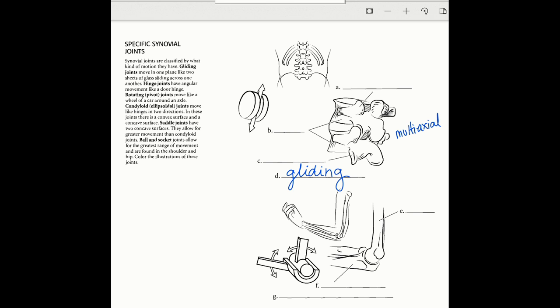Our specific example here is at the spine, where we have our superior articular facet, or process. Below the superior articular process, we're going to have our inferior articular process, and the body of our vertebrae.